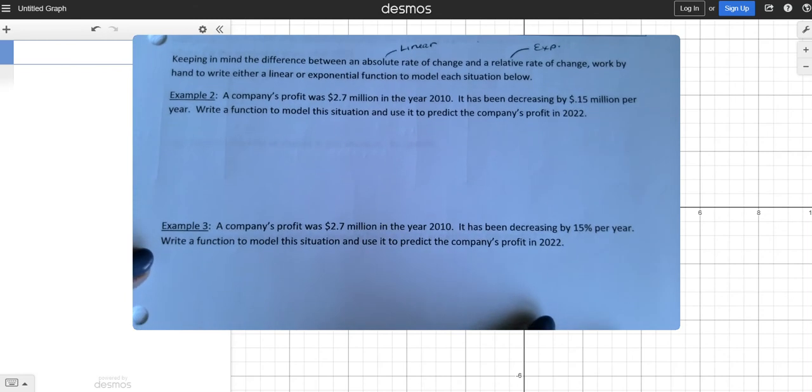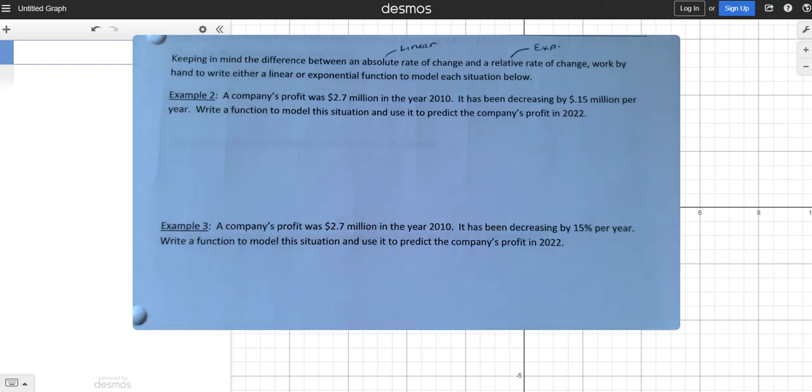So in example 2, we have a company with a profit of $2.7 million in the year 2010. It's been decreasing by $0.15 million per year. Write a function to model the situation, and then use it to predict the company's profit in 2022.